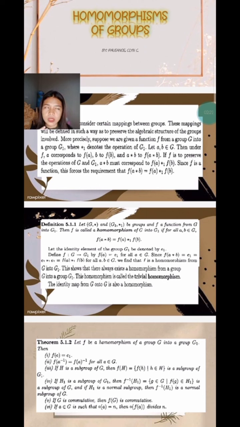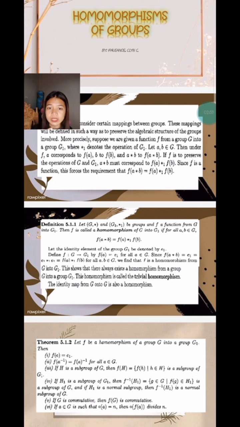So when we say homomorphism, a homomorphism is a structure preserving map between two algebraic structures of the same type, such as two groups, two rings, or two vector spaces. A group homomorphism is a map between two groups. In definition 5.1.1, let (G, star) and (G sub 1, star 1) be groups and f a function from G into G sub 1.